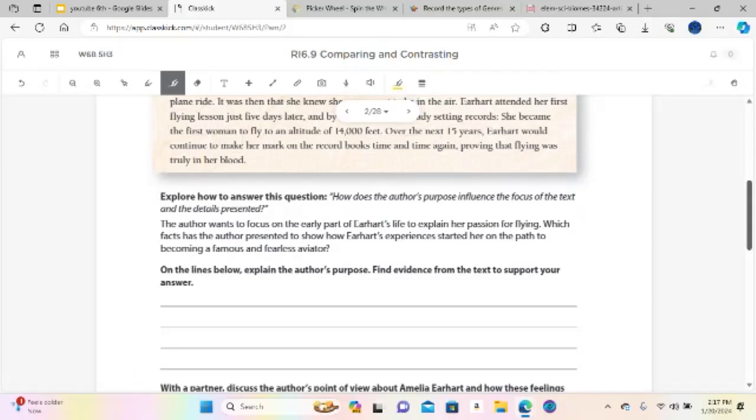All right, so the author wants to focus on the early part of Earhart's life to explain her passion for flying. Which facts has the author presented to show how Earhart's experiences started her on the path to becoming a famous and fearless aviator?